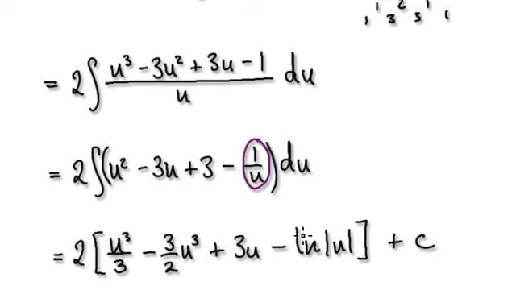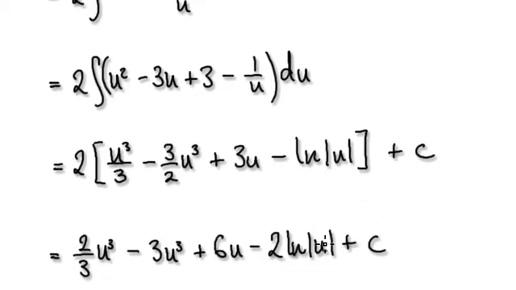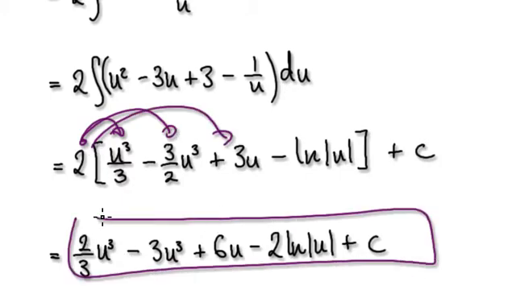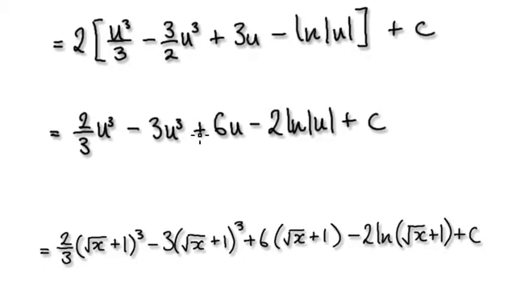So integrating this will give you the absolute value of u. And now multiply this out. That will then give you this whole thing here, and then earlier we said let u equal square root of x plus 1.